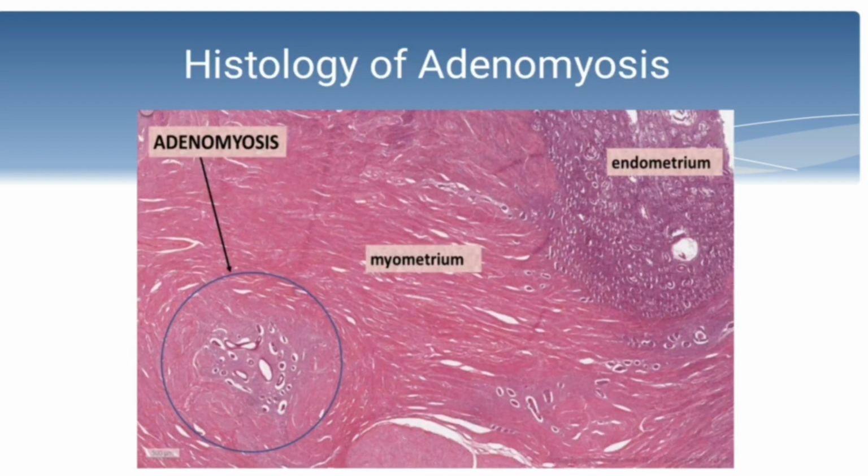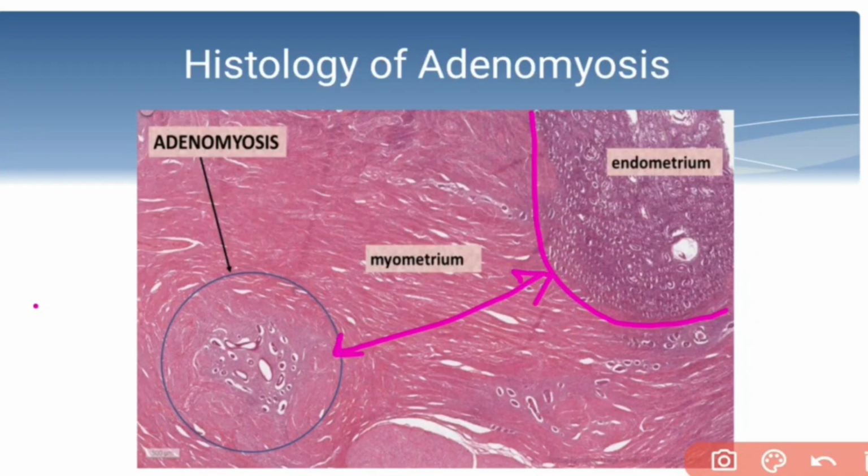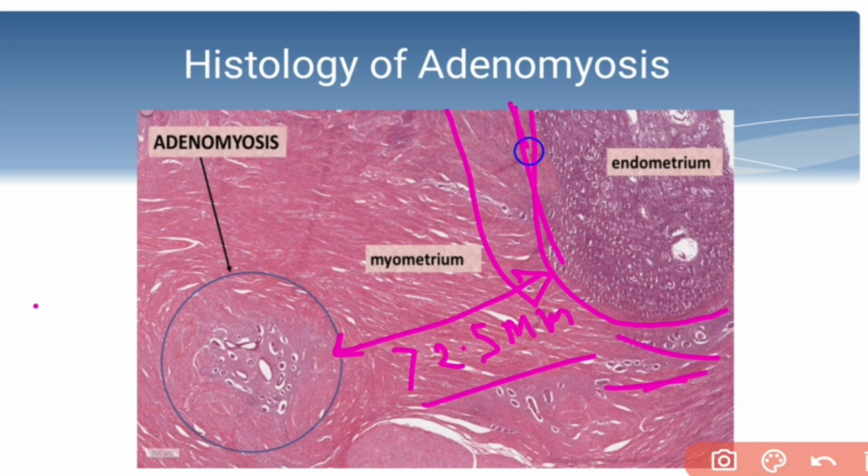Okay, this is the endometrium, and this distance will be 2.5 millimeter. The thickness in this area will be the junctional zone, the layer of inner myometrium overlying the endometrium.